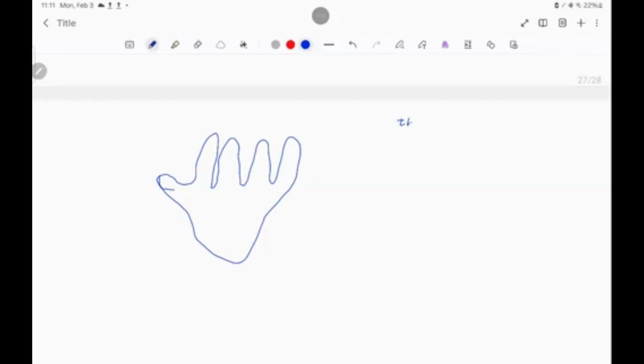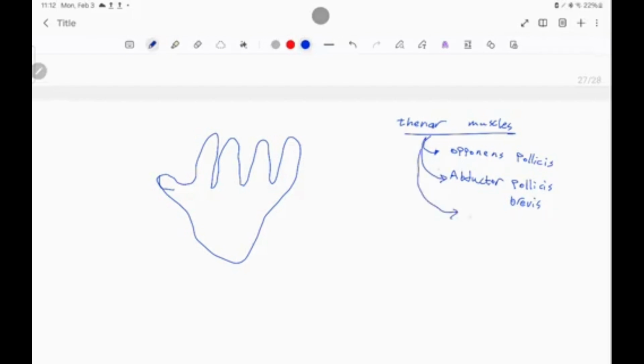What are the thenar muscles? We have three muscles: opponens pollicis, abductor pollicis brevis, and finally, flexor pollicis brevis.